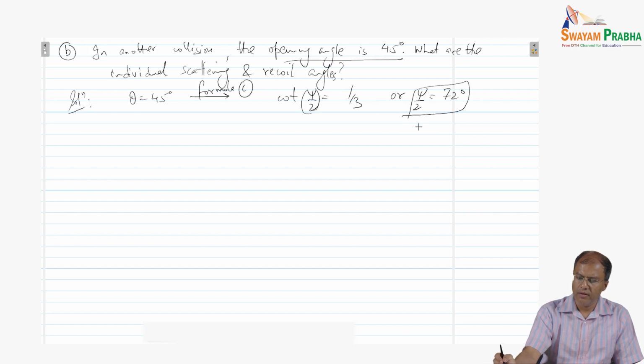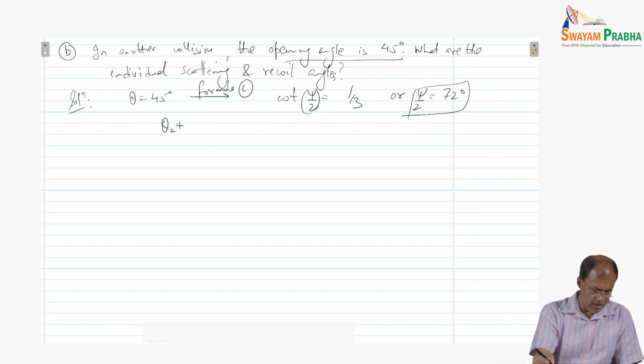Okay, so that's what we get. Gamma is 1 by 2, already given.